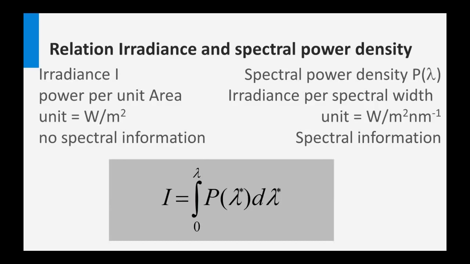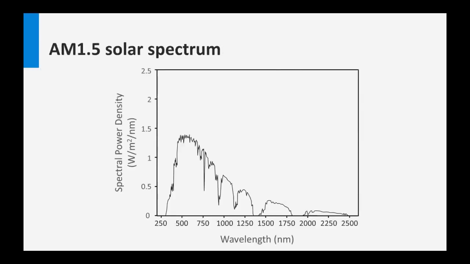And the relation between both is indicated by the integral over here. I is the irradiance, P lambda is the spectral power density. And if you integrate over the spectral power density, you will get the irradiance. As an example, let's take the AM 1.5 solar spectrum, which you also saw in week 1, and here you see the spectral power density.